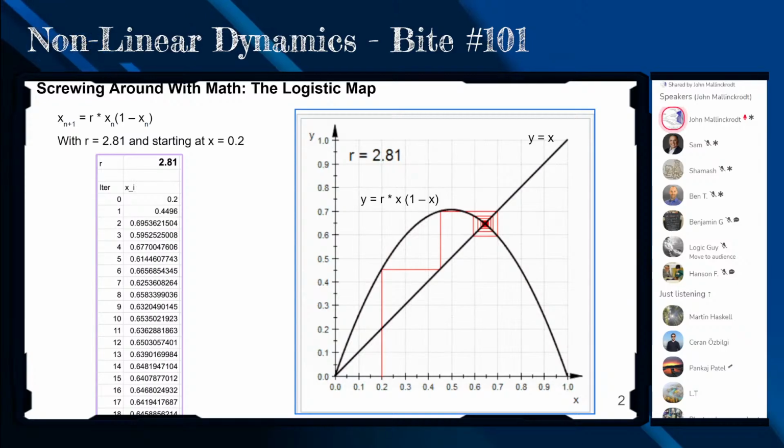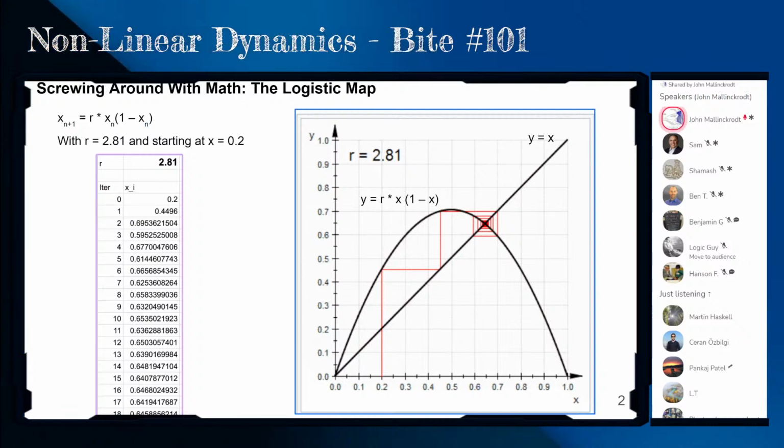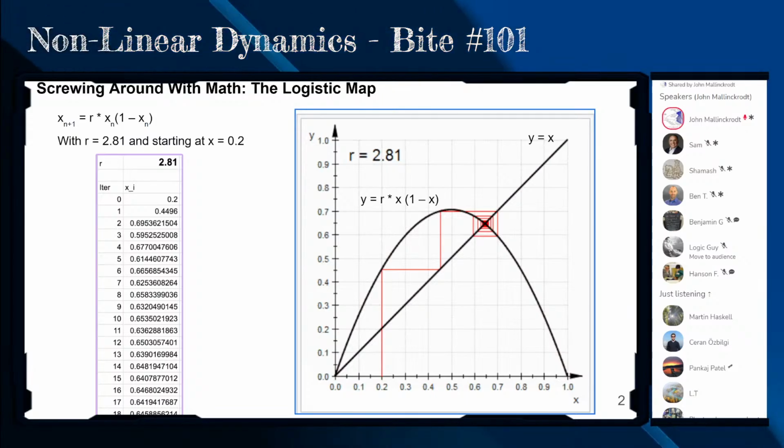Right. There's this logistic map, and we are going to just scratch the surface of it. The mathematics involved in the analysis of what happens at various values of that parameter r is just completely fascinating.